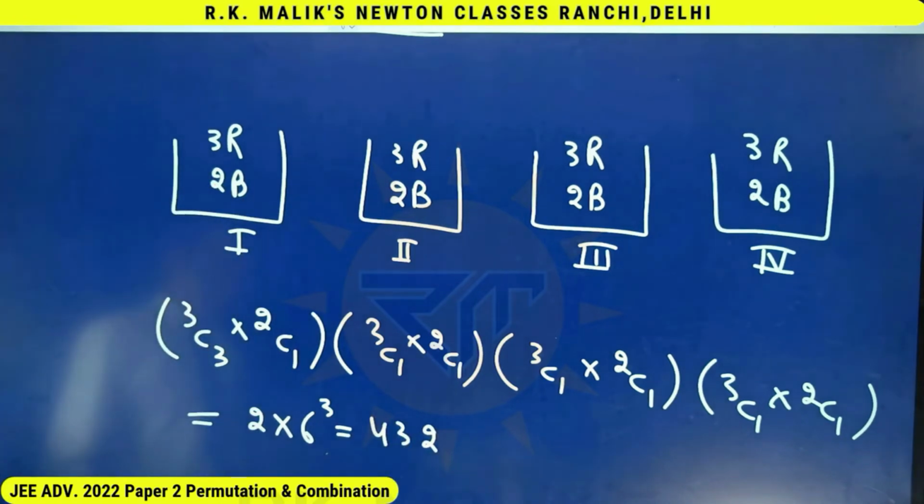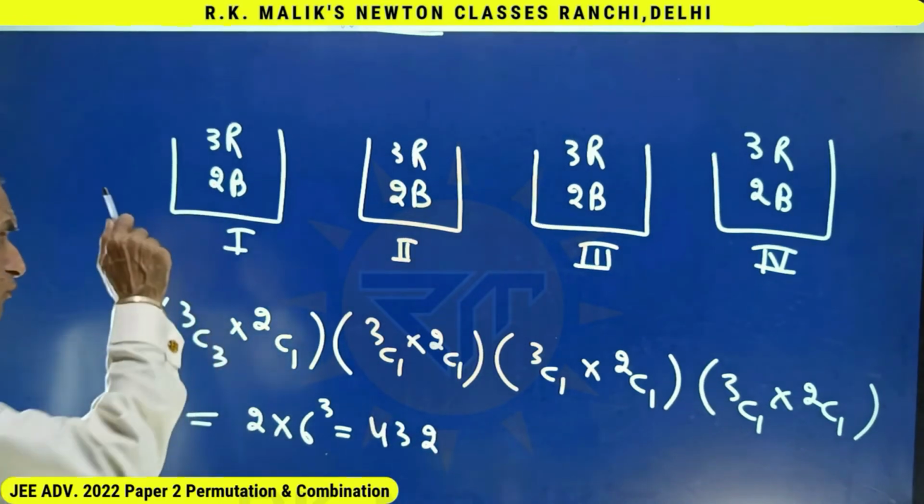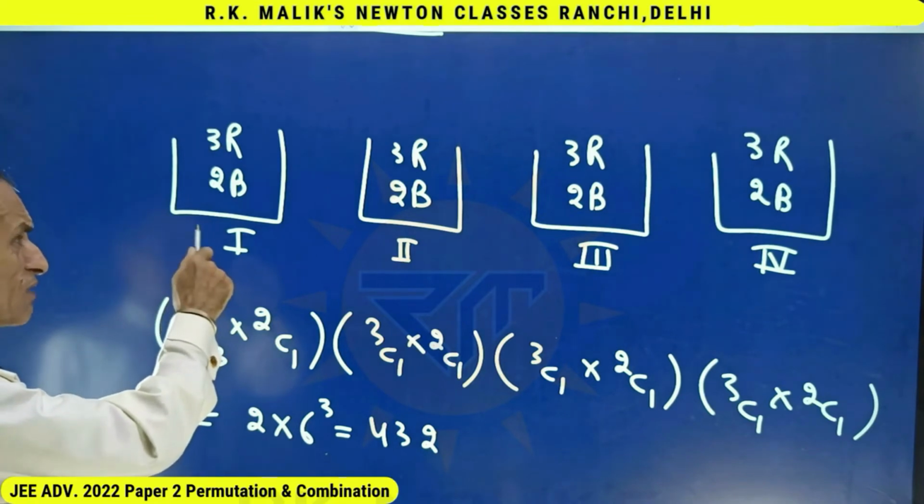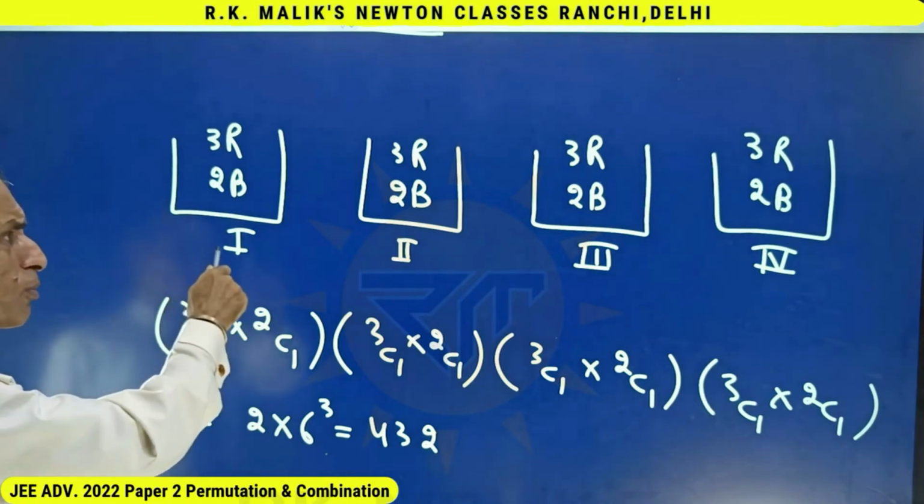That is 432 cases are there when first box gives 3 red balls and 1 blue ball.